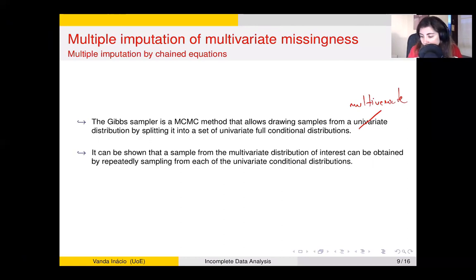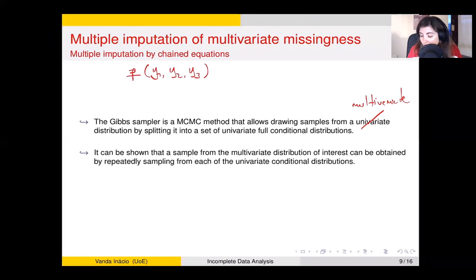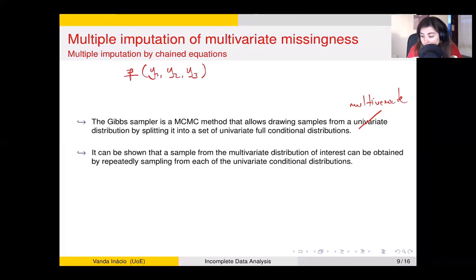So basically, if I'm interested in the distribution f of y1, y2, y3, this is my multivariate distribution of interest, and what Gibbs sampling does is I will decompose this into the following conditional distributions.